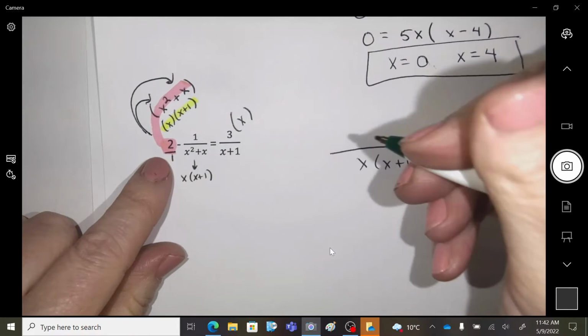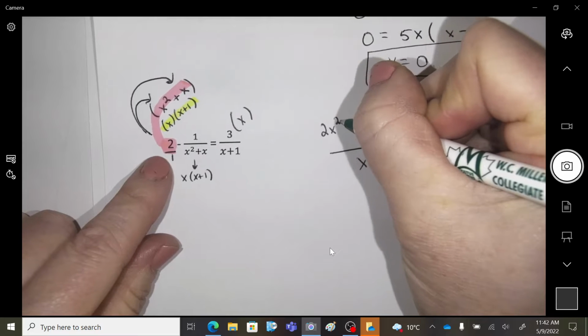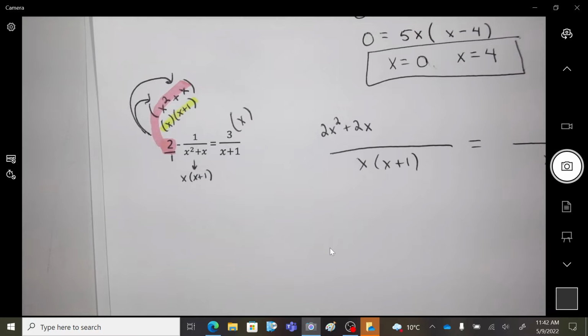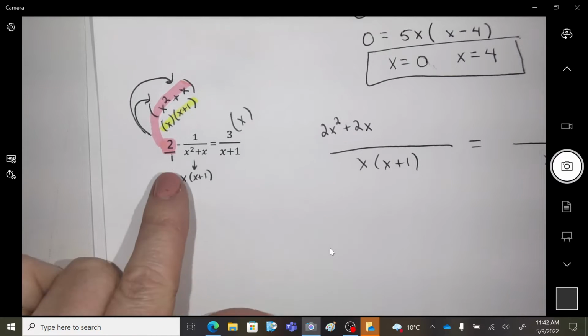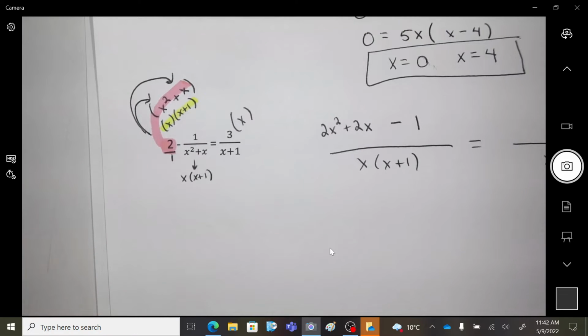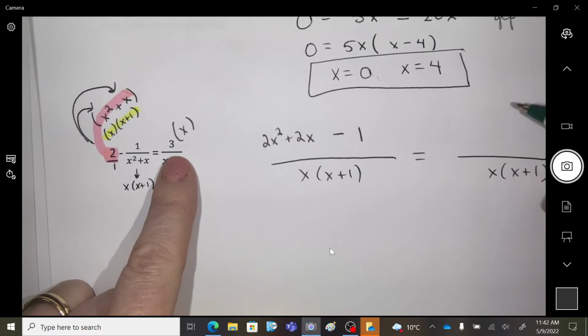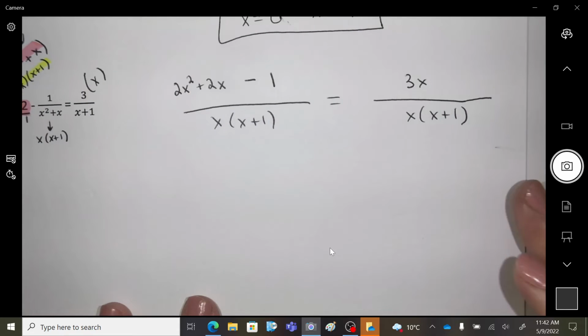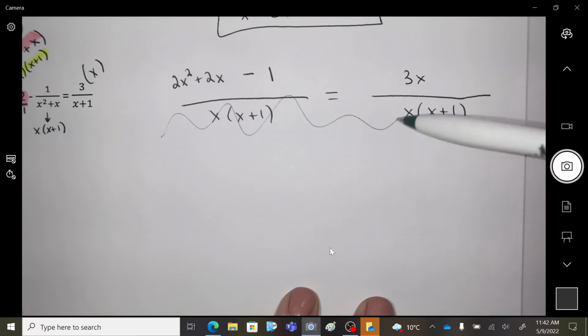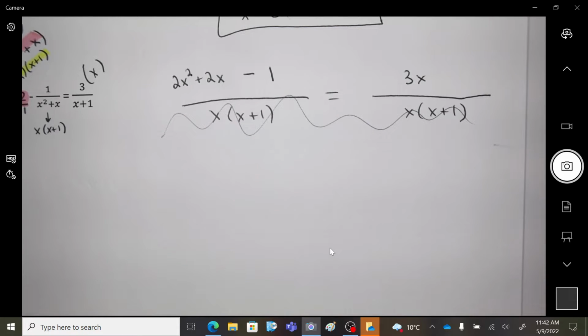So I get 2x squared plus 2x. This fraction, we didn't do anything, so minus 1. And this is 3x. This is the point where if the bottoms are the same, we're concluding the tops have to be the same.